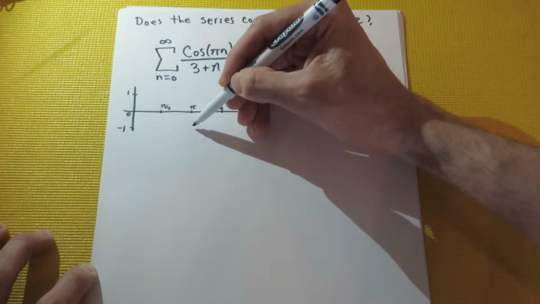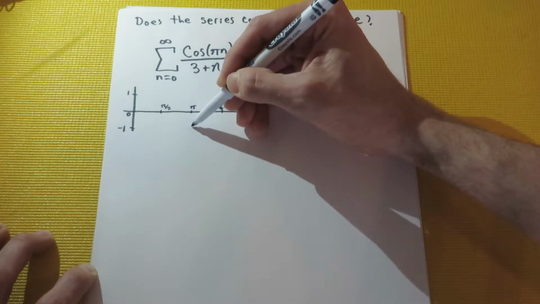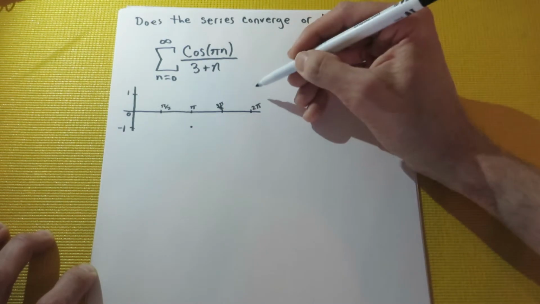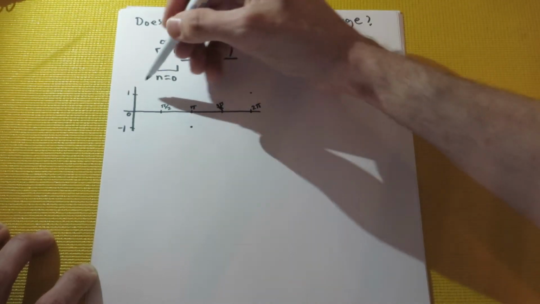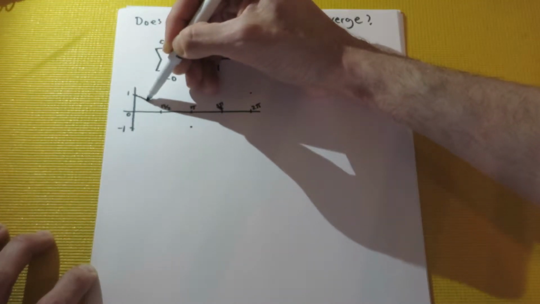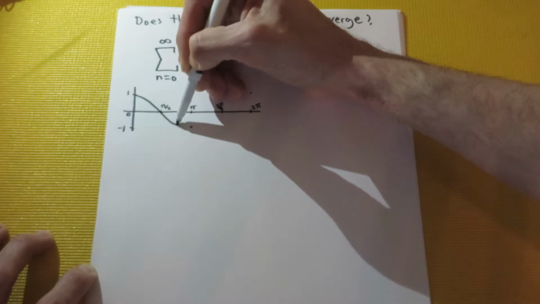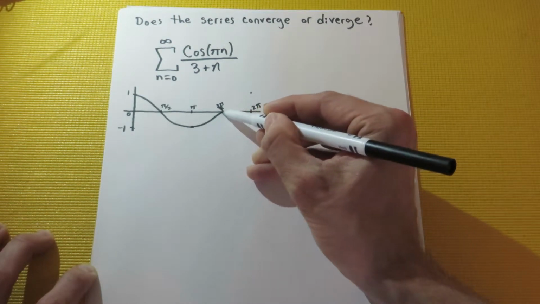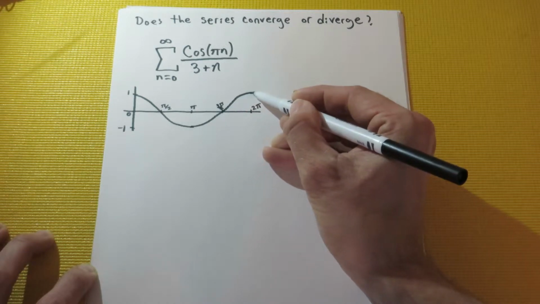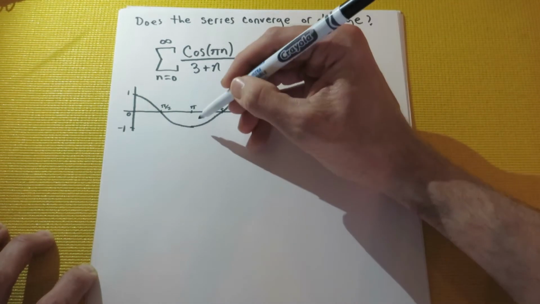It's going to oscillate between 1 and -1 on intervals of pi. So it's going to oscillate like that, come down here and curve back up the other way, and get ready to go down again there.